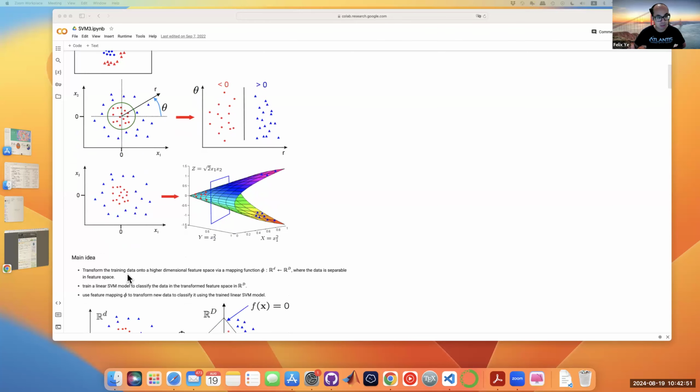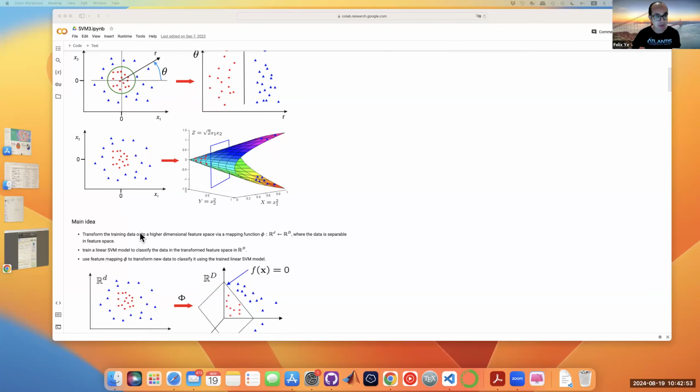So this is the main idea: we need to map our training data onto much higher dimensional feature spaces with some mapping function phi from small d to big D. And this D could be really, really large.